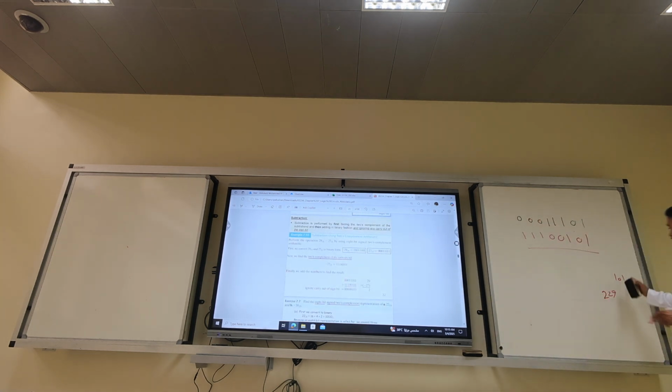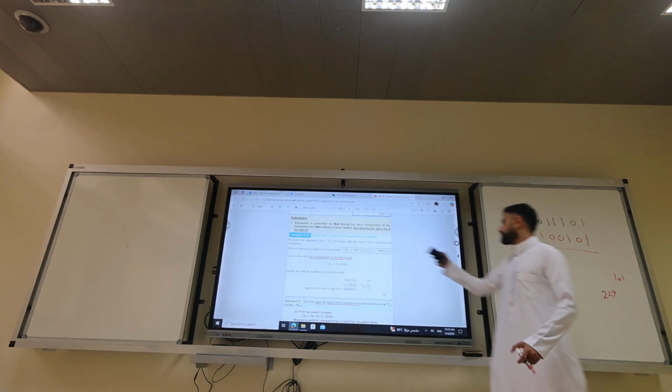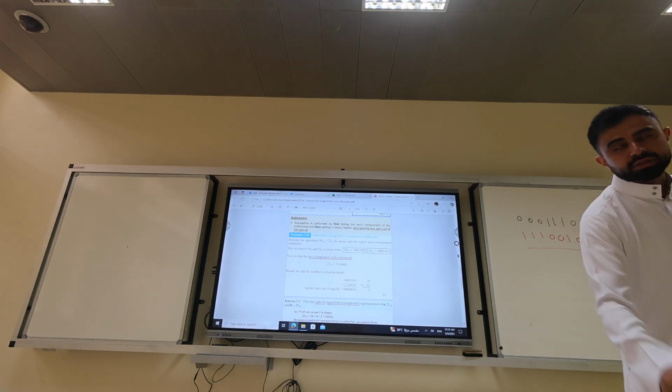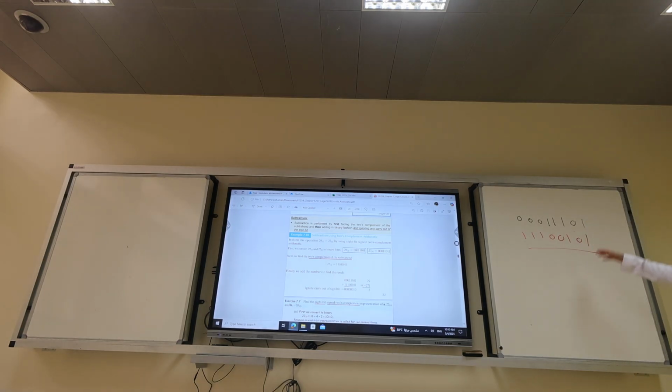Is there any relationship between 101 and 27? What's the relationship between 27 and 101? There is no relationship. So the 2's complements doesn't have a direct relationship.